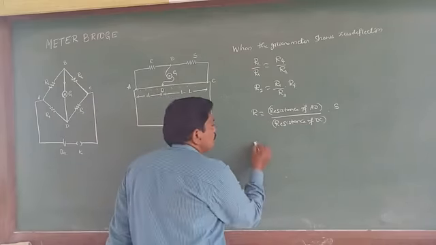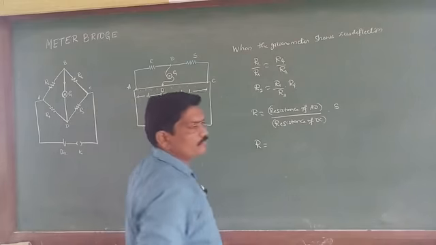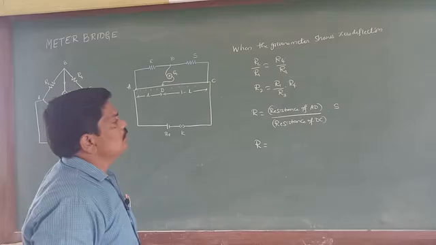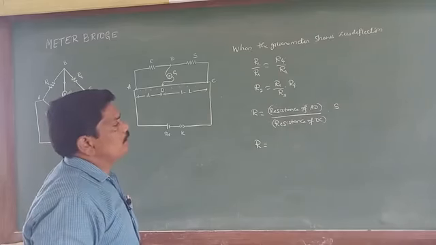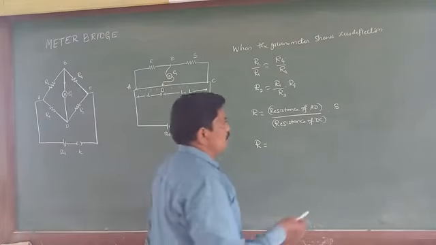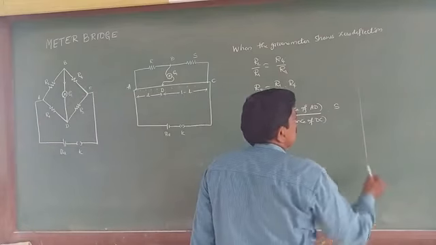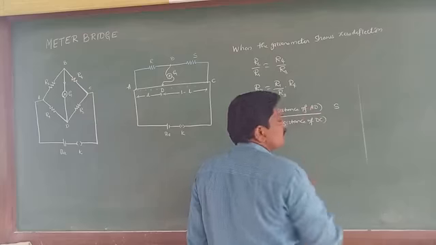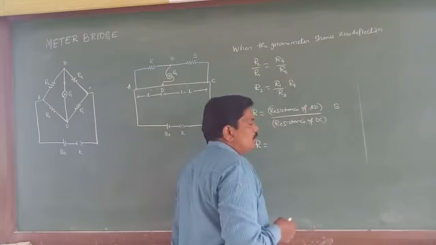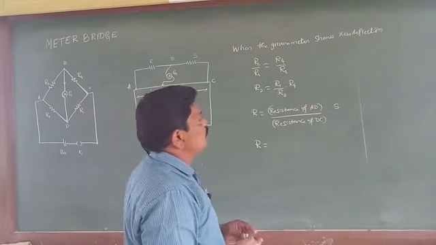So now R equals the resistance of AD over the resistance of DC, times S. We already know the resistance is directly proportional to length and inversely proportional to cross-sectional area.